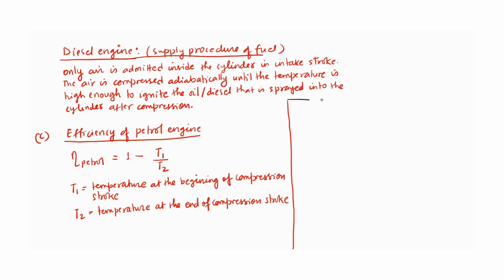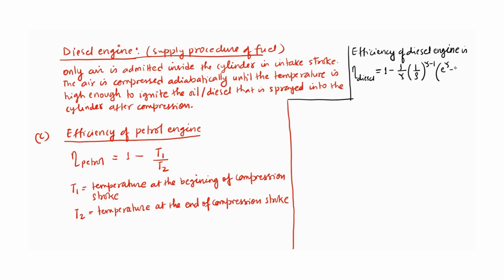Now, efficiency of the diesel engine. So I'm writing over here. Efficiency of diesel engine equals 1 minus 1 by gamma, times 1 by rho power gamma minus 1, times e power gamma minus 1 divided by e minus 1.